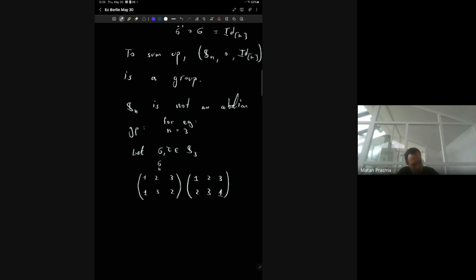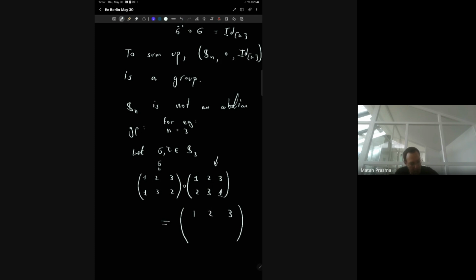I mean, the composition of these two, what do you get? You need to see where 1 goes. Remember, composition, we start from the right-hand side function.